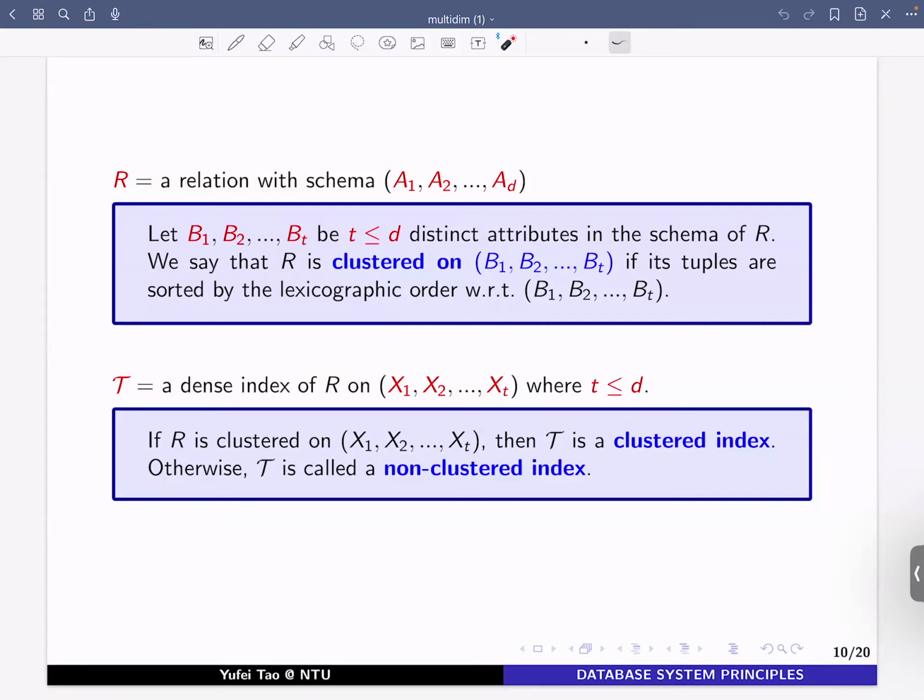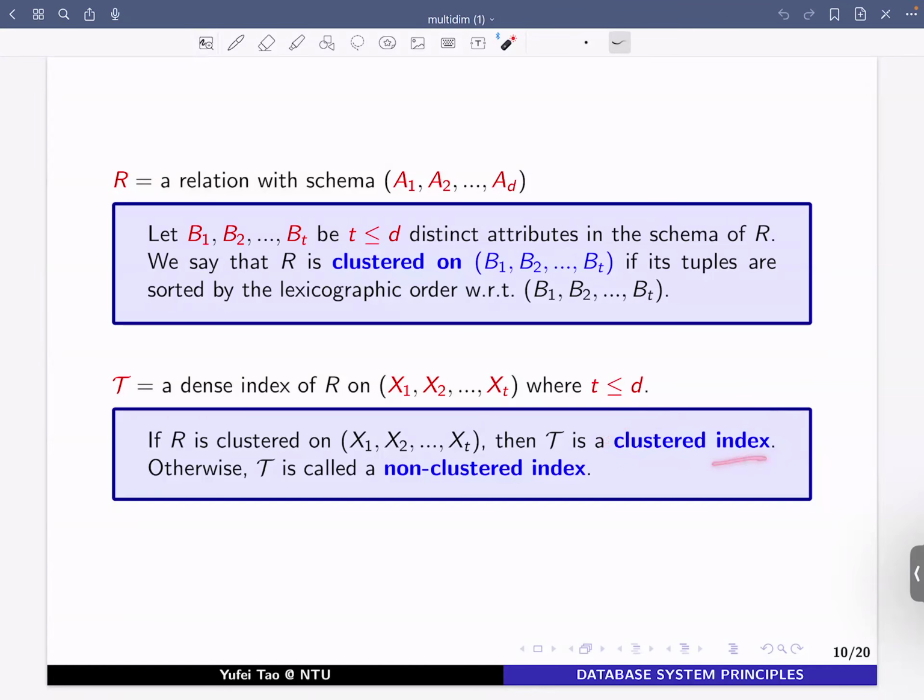Okay, good. Still remember what a cluster index is? Actually, I would say it in another way. If R is clustered on x1 to xt, and T is created on the same sequence, then you can say that this T is a cluster index. All right, so once again, it's consistent with what we learned in the previous lecture.